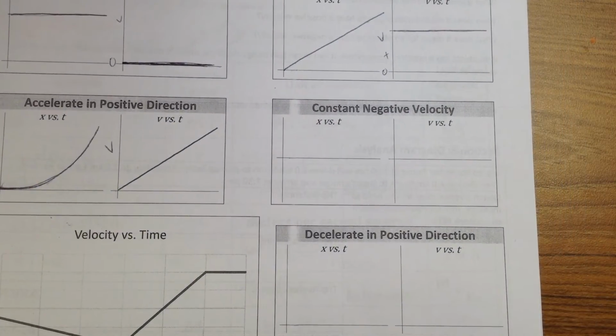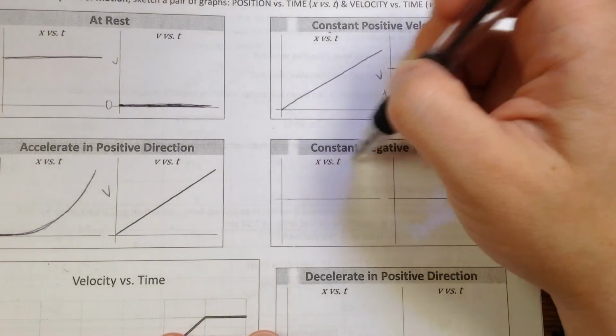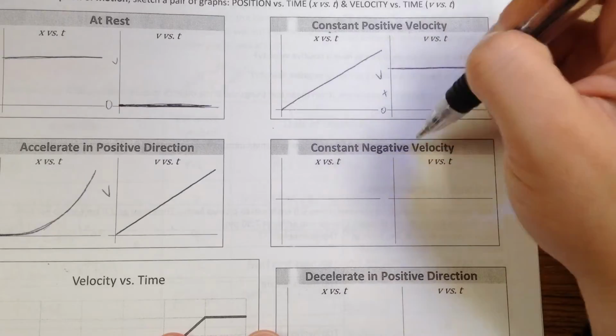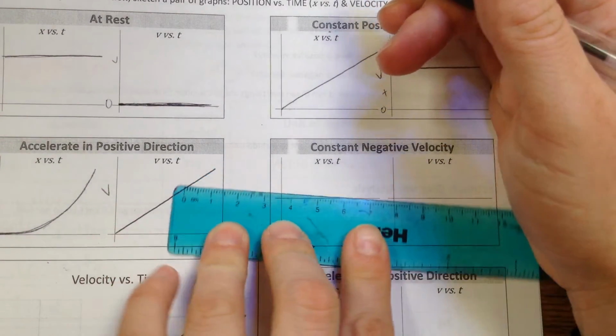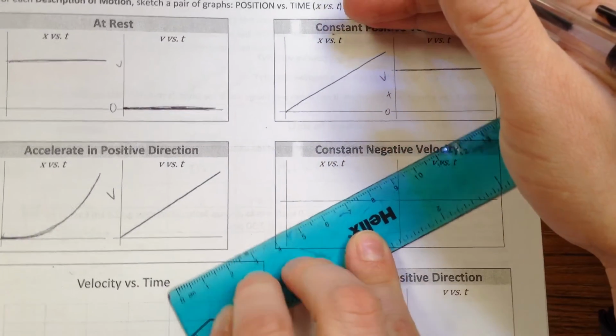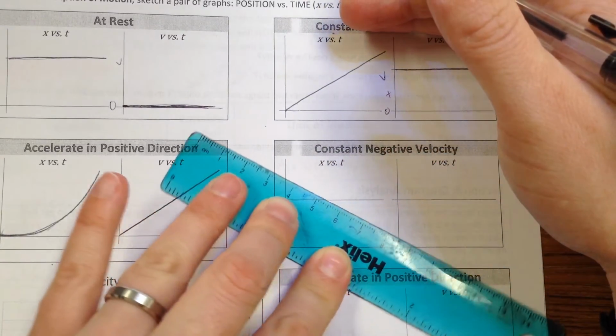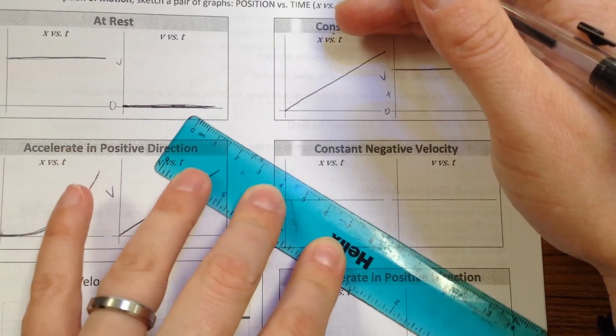A constant negative velocity. In a position versus time graph, constant velocity means it's linear, and it's got to have some sort of slope. The steeper the slope, the faster it is. This is a positive slope, and below 0 these are all negative slopes. Anything down here is a negative slope, which means negative direction.